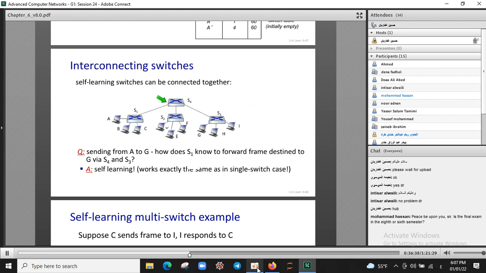Maybe I can aggregate the traffic into a bigger switch, and then connect it to the backbone network of the university. So I can use a hierarchy when I'm using switches.